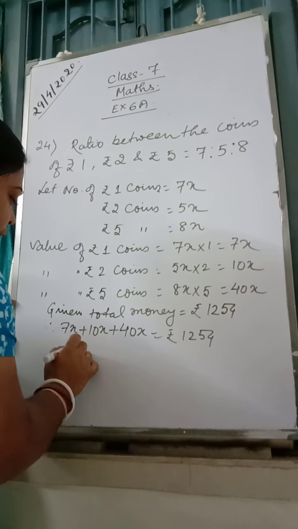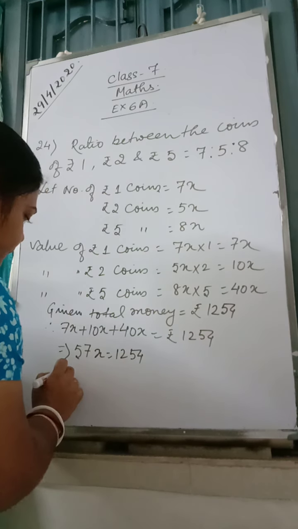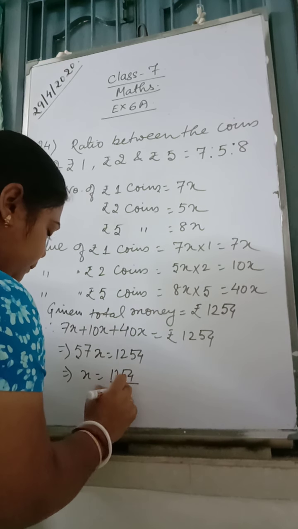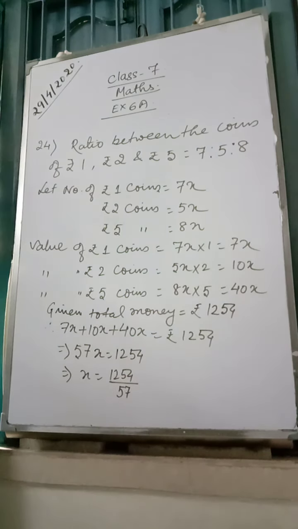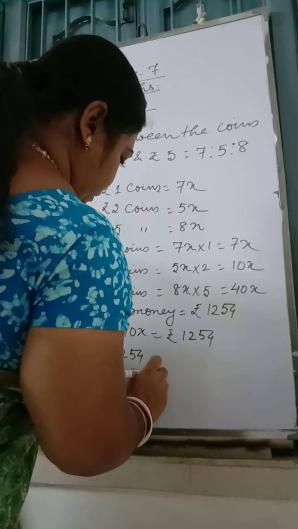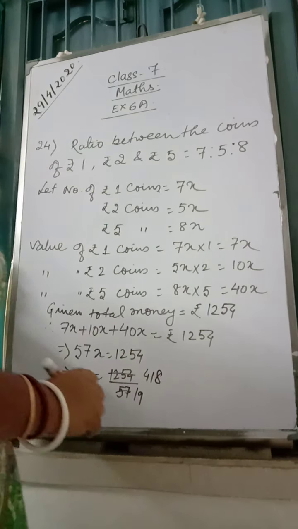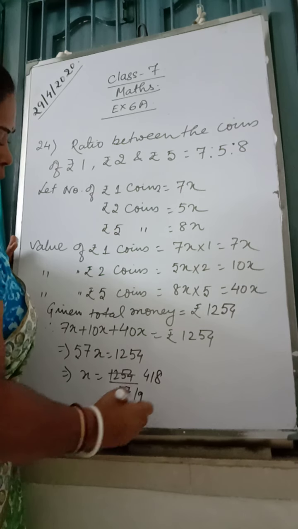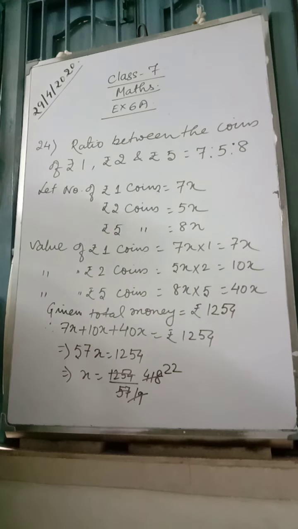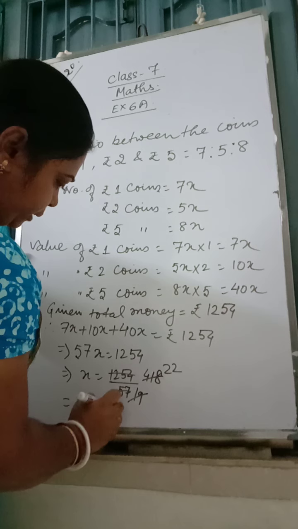Just see, it gives you 57x is equal to 1254, or x is equal to 1254 by 57. 3 19s are 57, 3 4s are 12, 3 1s are 3, 3 8s are 24, so x is equal to 22.